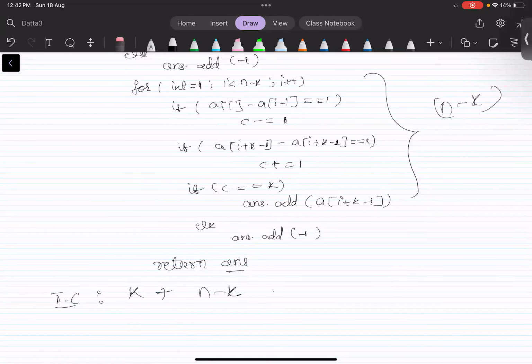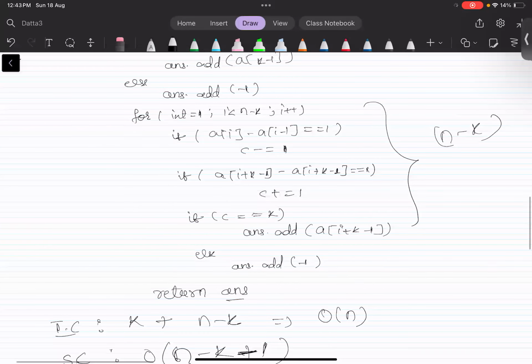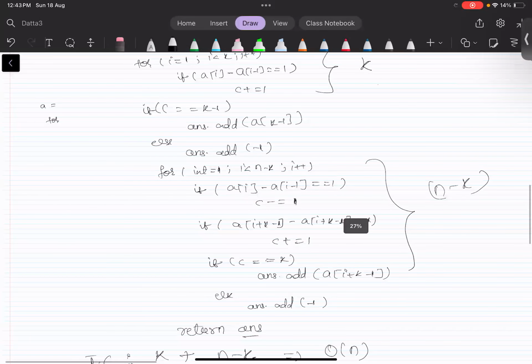So the overall time complexity will be O of n. Now, the space complexity will be the same as previous because there will be n minus k plus 1 elements in the answer as the power of the entire array. So this will be my space complexity. Thank you.